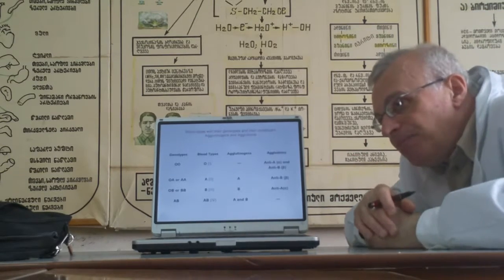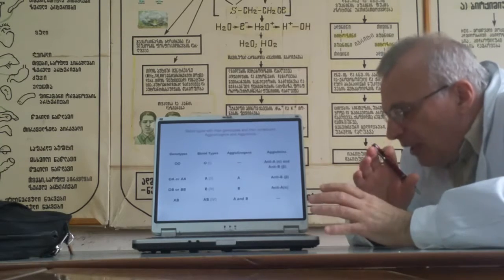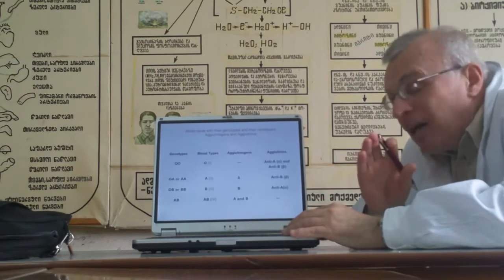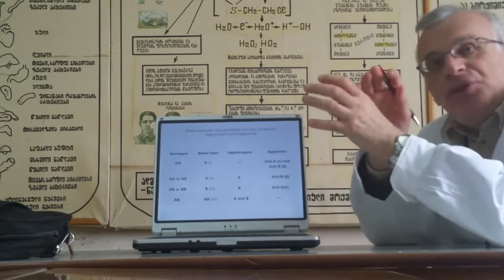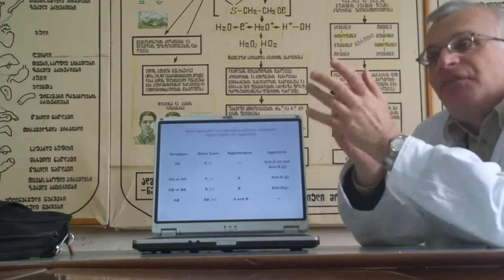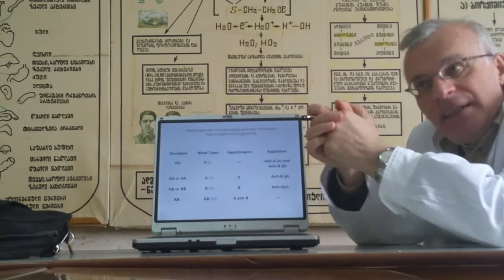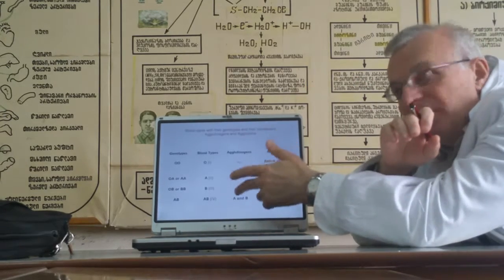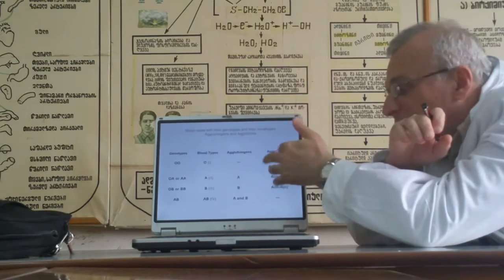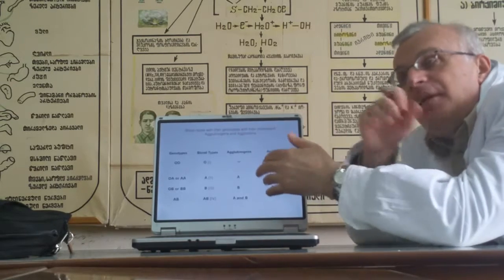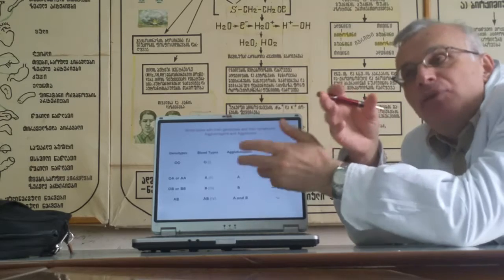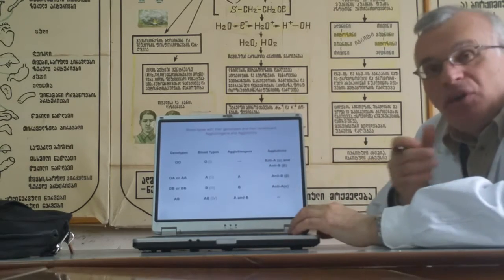Agglutinins are present in the blood, freely flowing. Agglutinogens are usually on the surface of erythrocytes. But in plasma we have agglutinins, like immunoglobulins, one of the types of immunoglobulins.